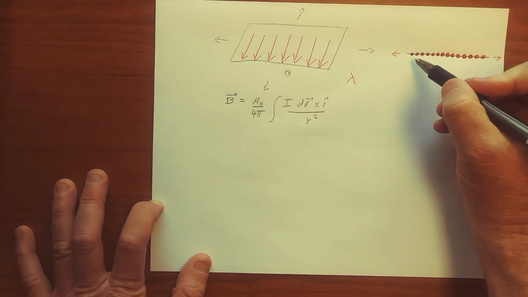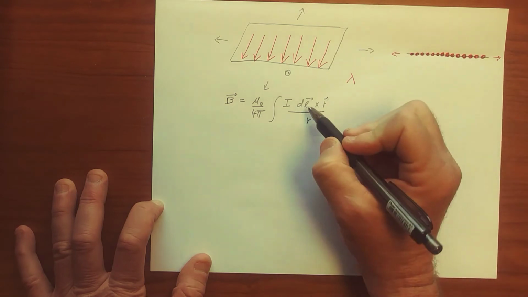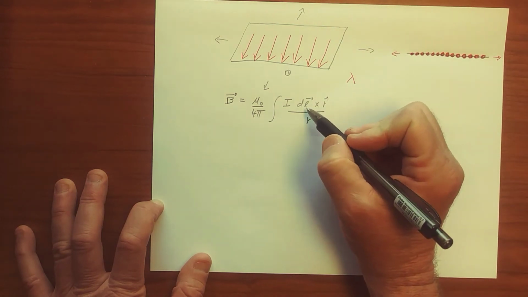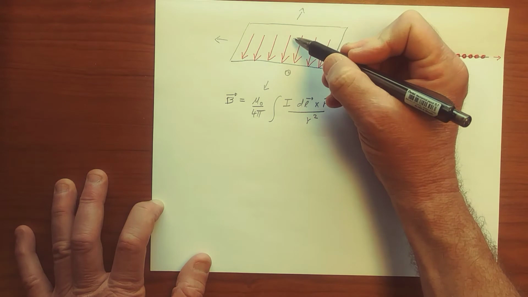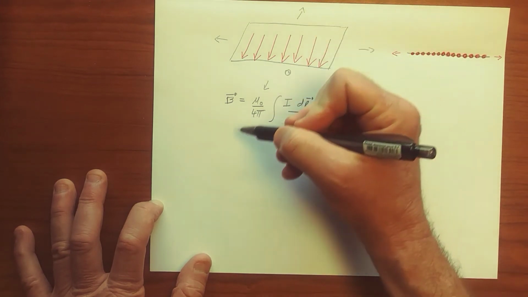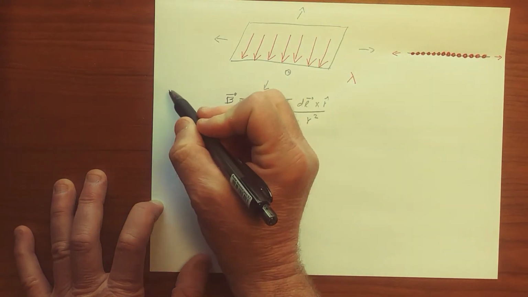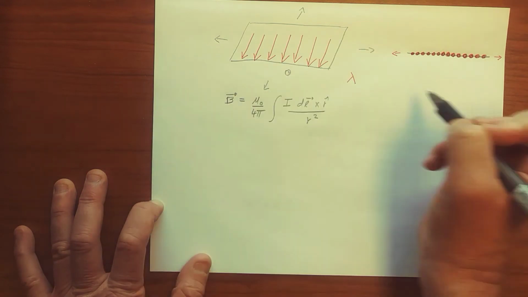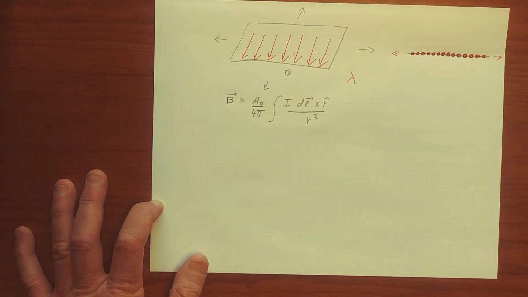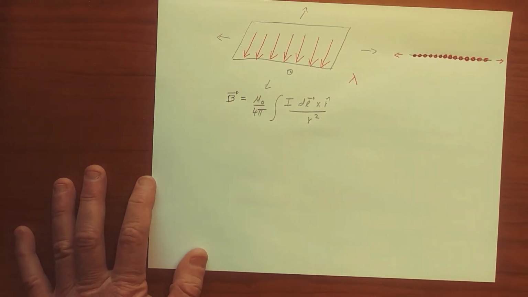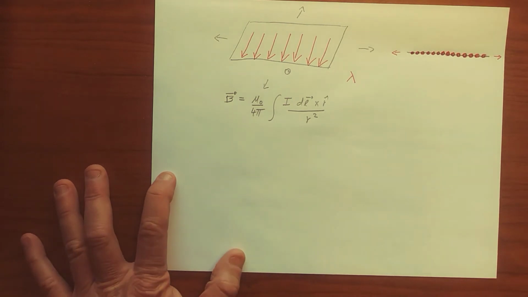We could think of this as infinitely long lines, and we could integrate from negative infinity there to positive infinity there, and then from negative infinity there to positive infinity to the right. That would be a very complicated calculation to set up.